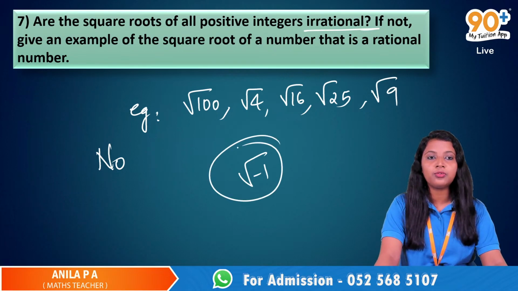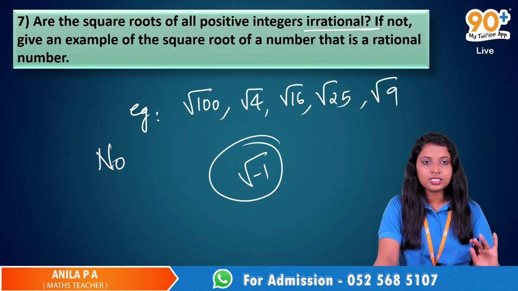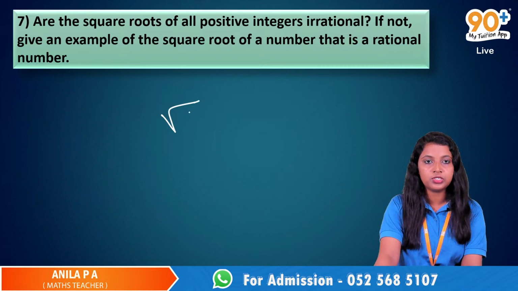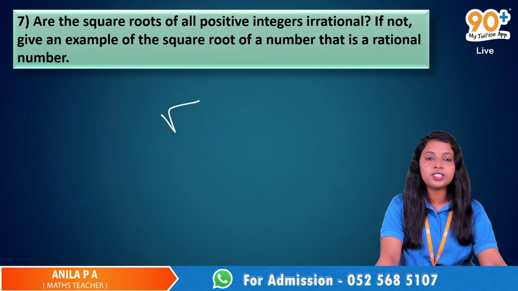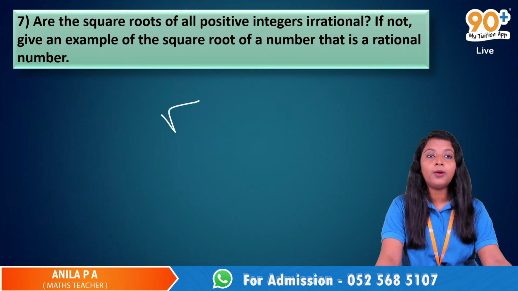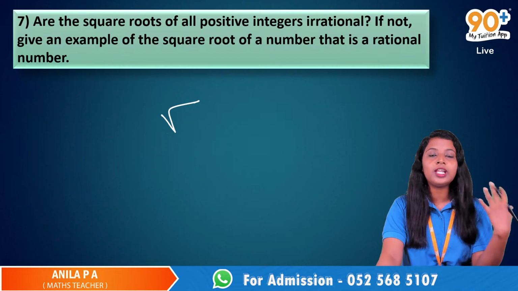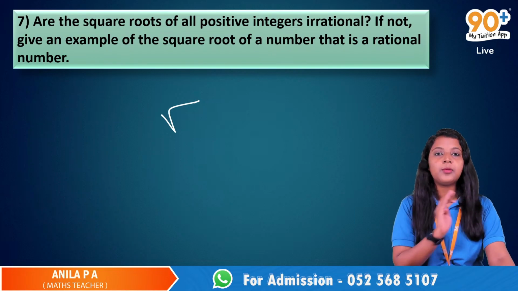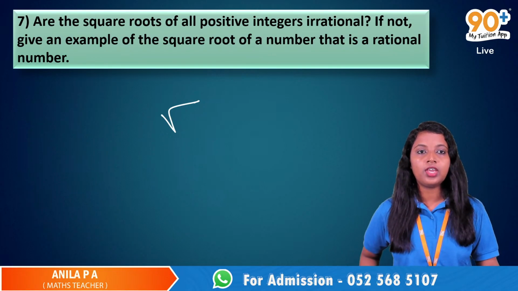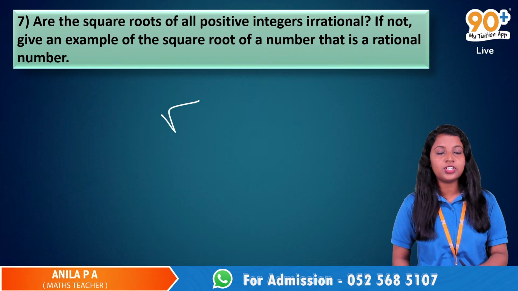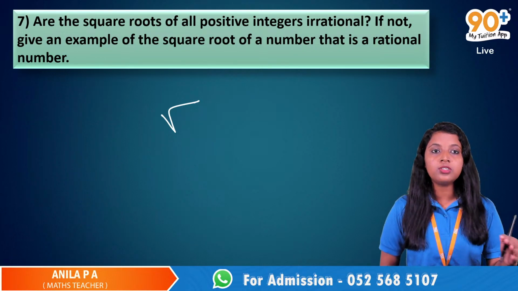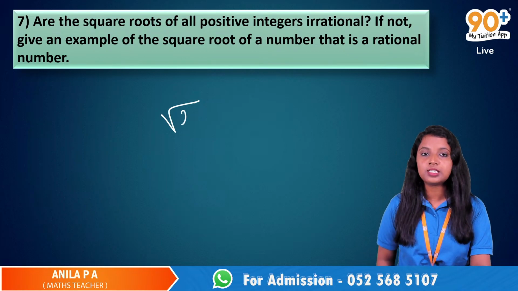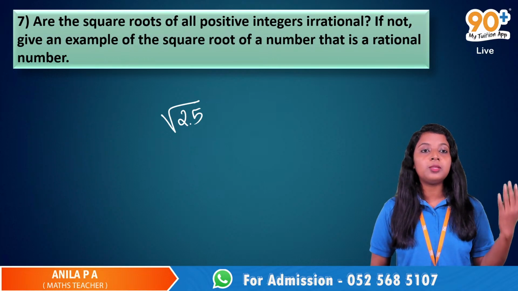But in 9th grade, you are only discussing the square root of positive numbers. Here the question is, are the square roots of all positive integers irrational? We are not discussing the square root of negative integers. No, they are not, because we have some exceptional cases: the square root of all the perfect squares.